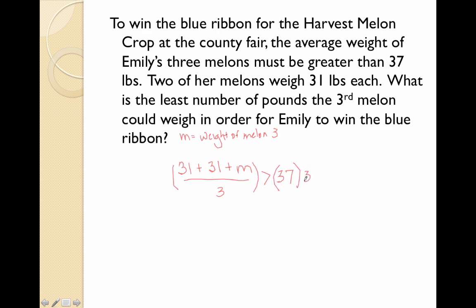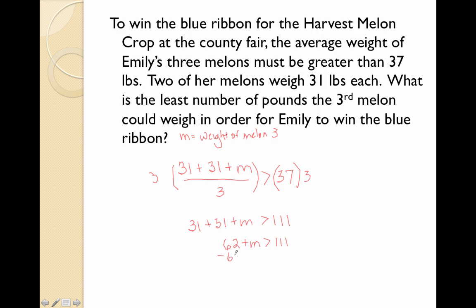So now I can solve by multiplying by 3 on both sides. I need to get rid of that denominator. So I've got 31 plus 31 plus m is greater than 111. I'm not going to solve yet because I can combine like terms over here. I've got 62 plus m is greater than 111.